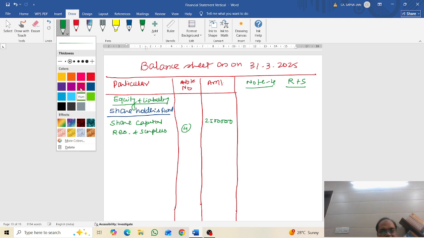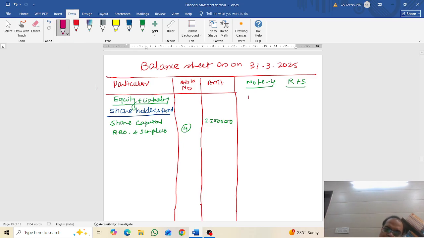Now the reserve and surplus includes what type of reserve is given in the question? Old profit and loss account balance, last year's balance, is given in the question. This is 1,39,000.